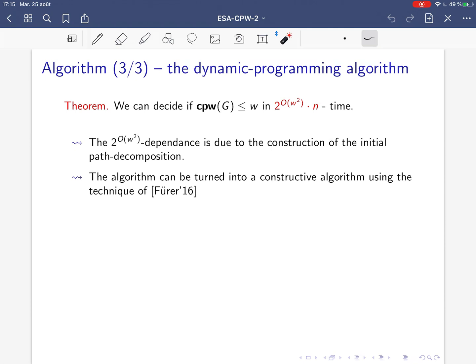The algorithm can be turned into a constructive algorithm by using a technique developed by Fürer in a recent paper in the context of deciding whether the path width of a graph is at most W.